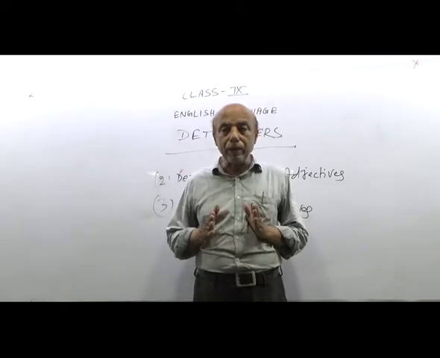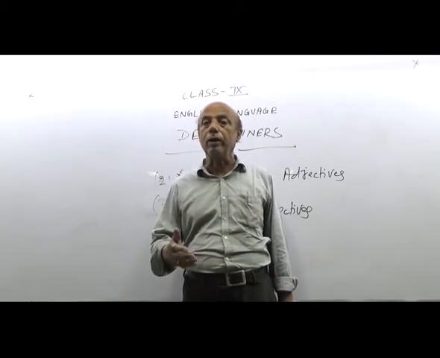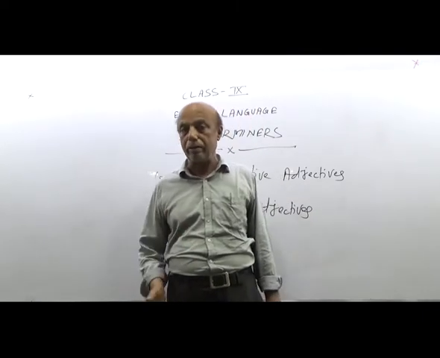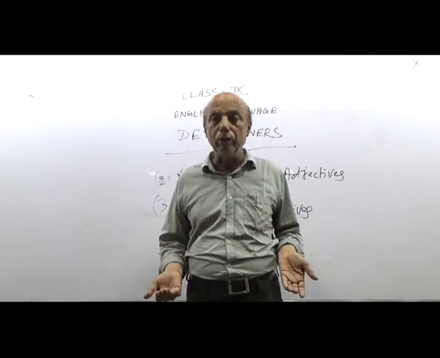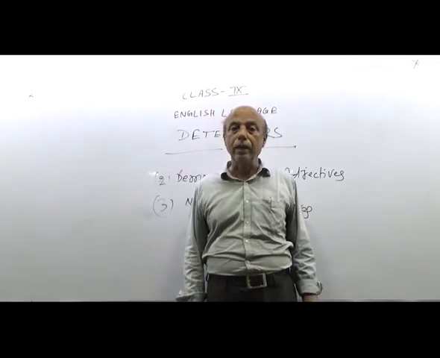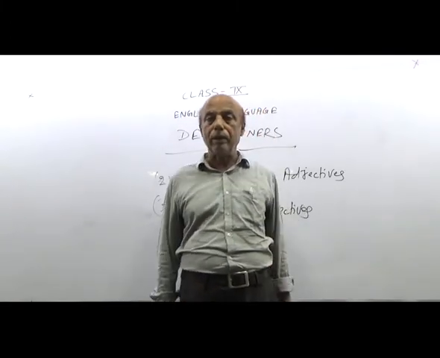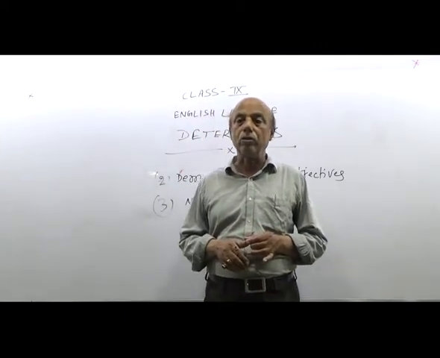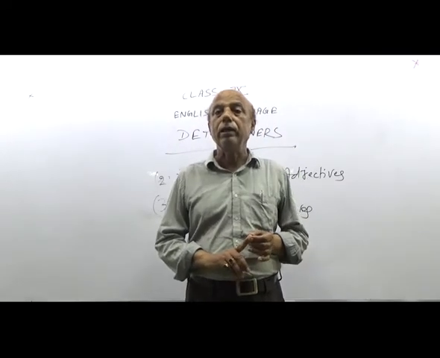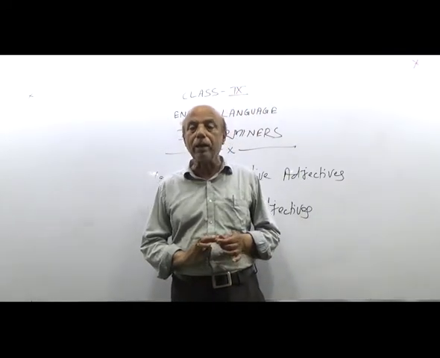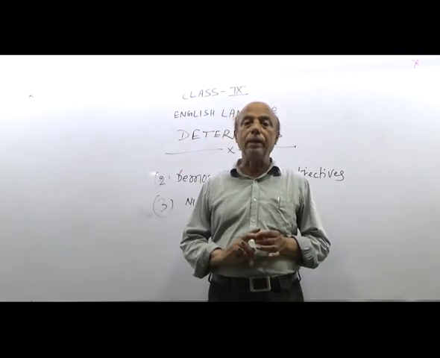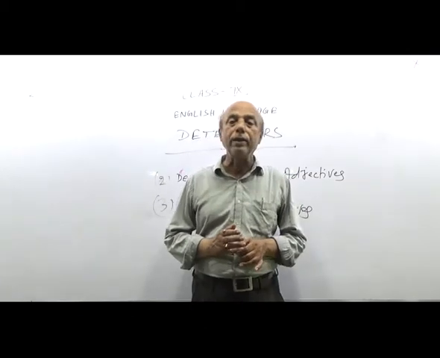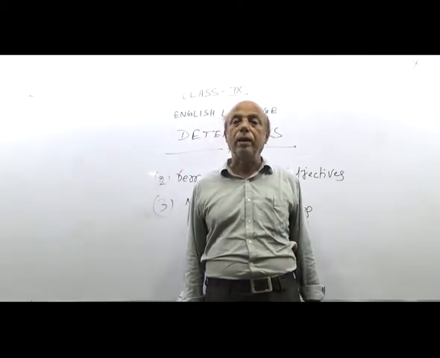So, as per definition, we have to come to a conclusion to decide what is a determiner and what is not. As I have already told you, in the course of teaching, there are many parts of determiners. The first part is called articles, the second demonstrative determiners, the third numeral determiners, the fourth quantitative determiners, and the fifth positive determiners.